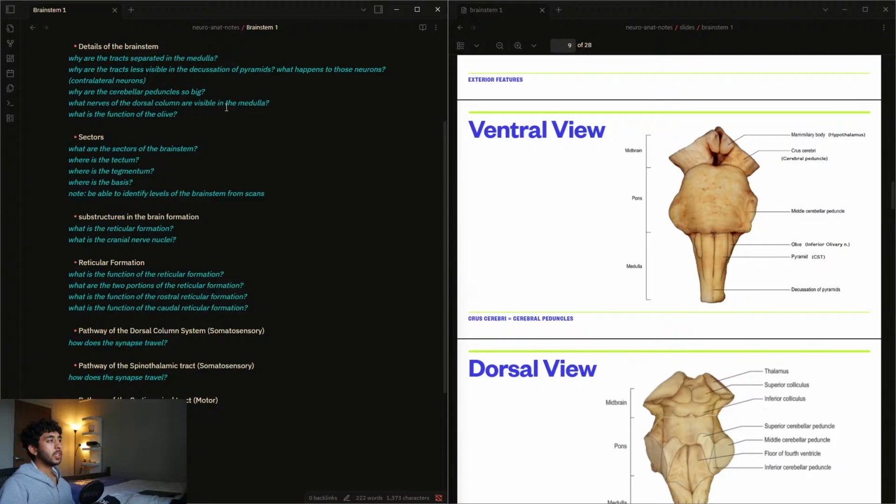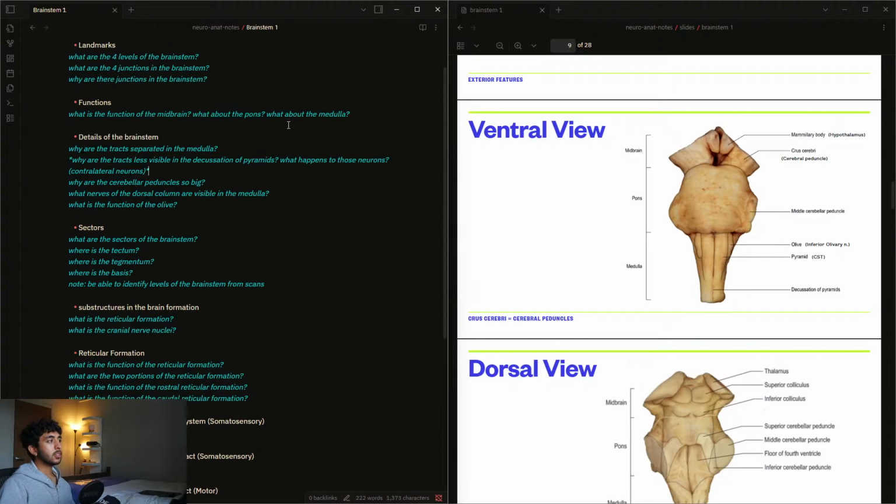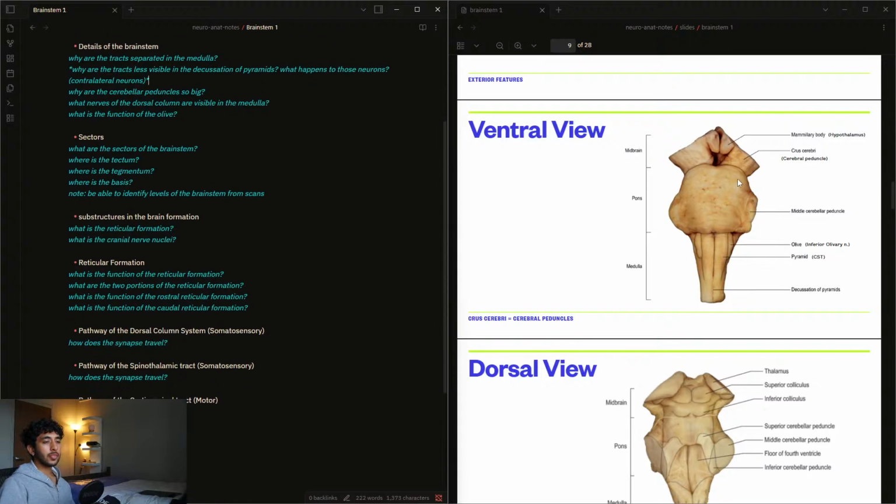So I'm seeing that ventral view, midbrain, pons, medulla. We're seeing the mammillary bodies from the hypothalamus. I remember in class you mentioned that this is cut off. Okay, cerebral peduncles. We have the olive, two olives, pyramids, and the decussation of pyramids.